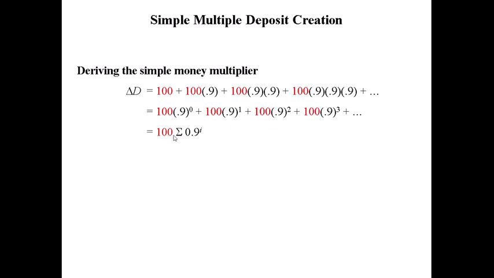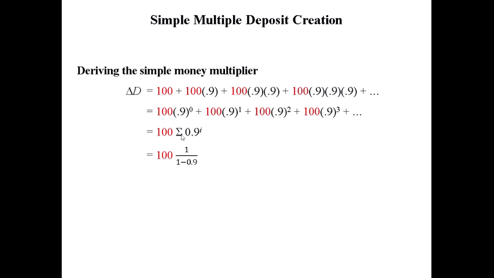And so we can factor out the 100 here, and we have 0.9 to the 0 power plus 0.9 to the first power plus 0.9 to the second power plus 0.9 to the third power, yada, yada, yada, off into infinity. So the black part of this expression is the black part here. This just means summation, starting at i equals 0, increasing by 1 all the way to infinity.